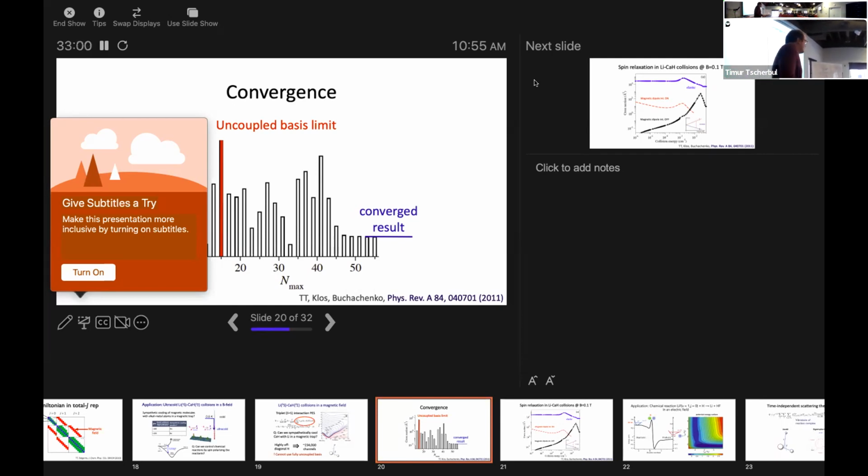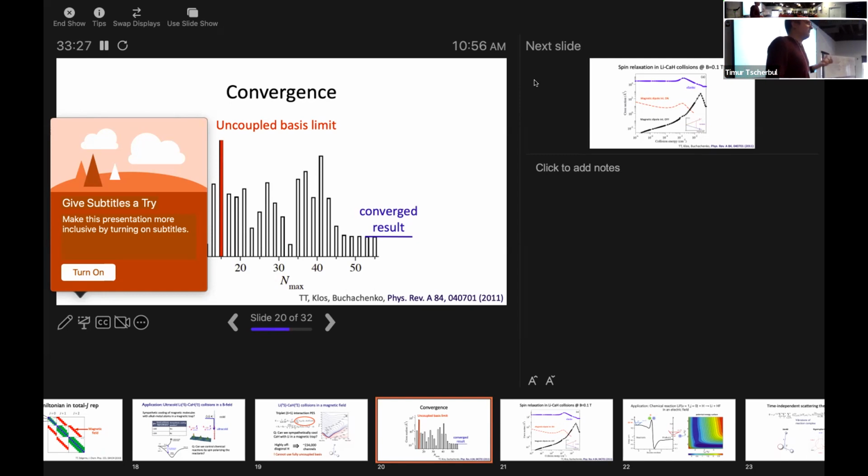But maybe I'm being too strict, especially when I was arguing with people that you should get converged results at all costs, because sometimes it's actually not required and a qualitative result is enough. So if you just want to have a qualitative look, it's probably enough, but you can overshoot, and you say, oh, the cross-section is huge.